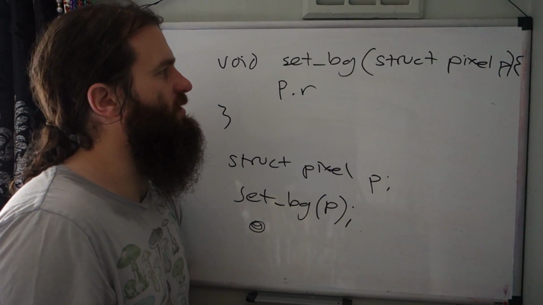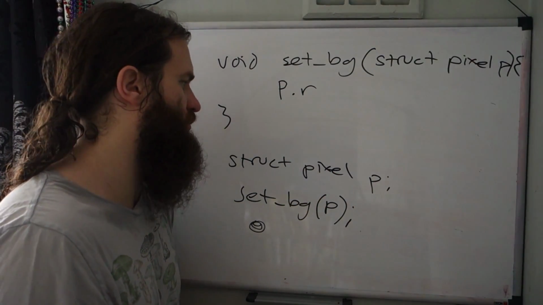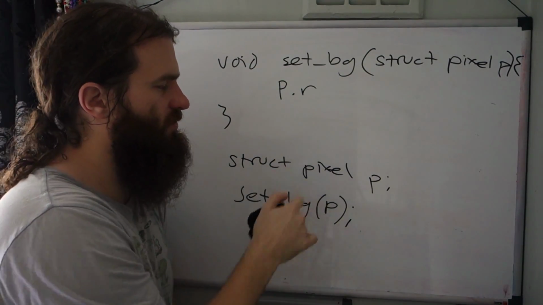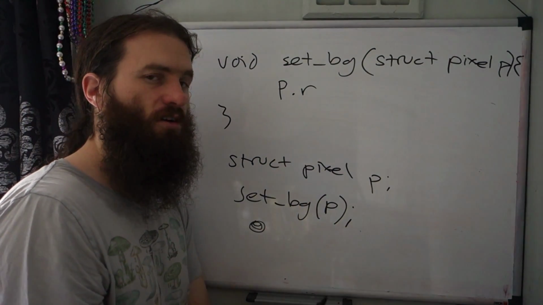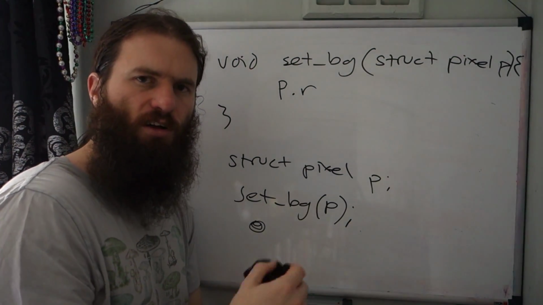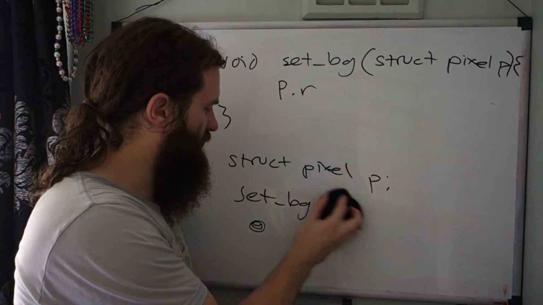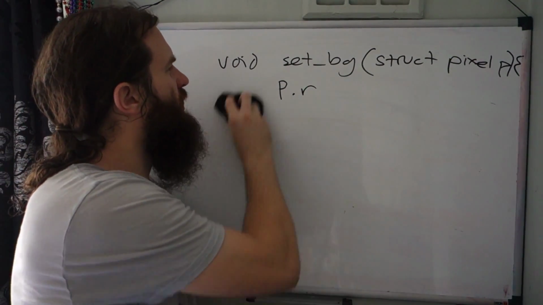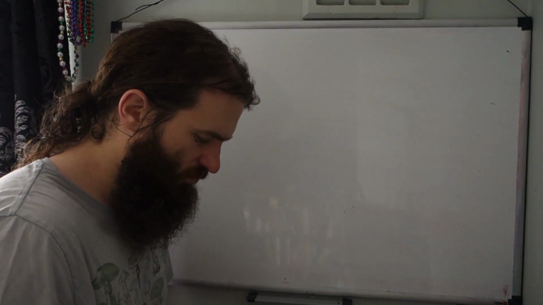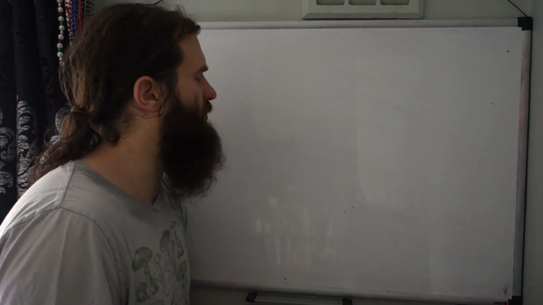The advantage of this is you don't have to keep writing the word struct over and over again, because our type here is struct pixel, and we have to keep writing struct pixel everywhere, and it can become very confusing if you have pointers to structs and so on. I always typedef my structs, and the best way to get on with using structs is just to typedef them.